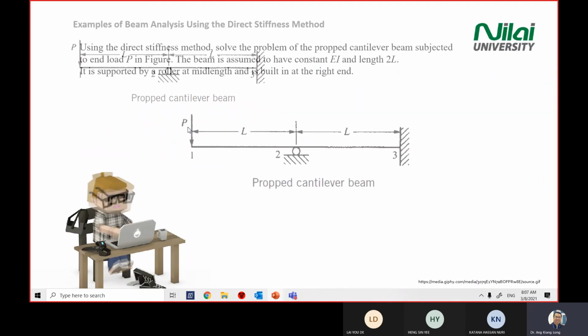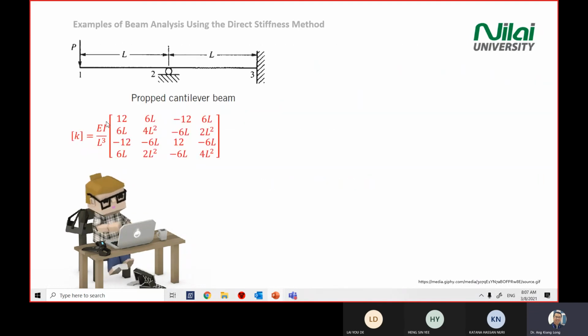So when you solve a beam, remember that we always start with the standard stiffness matrix. In your coming test or exam, you write the stiffness matrix, and you will get 1 mark for the standard stiffness matrix. Remember to write the correct one.